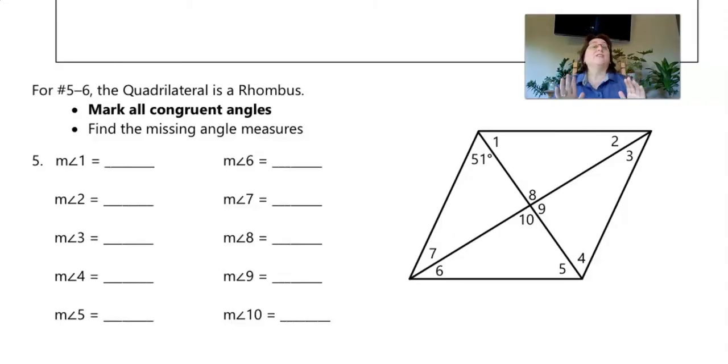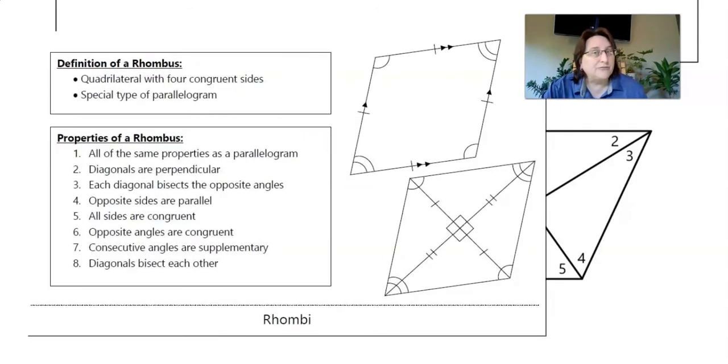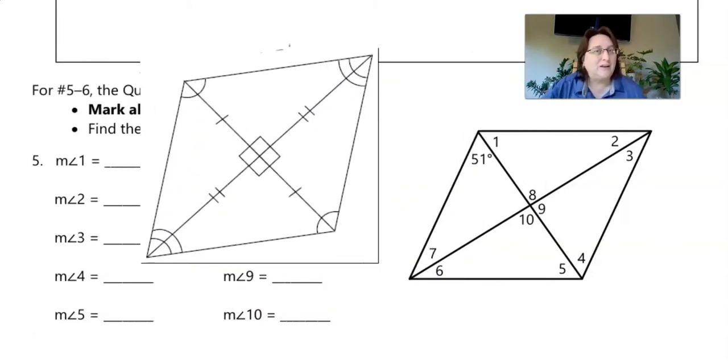Okay, so down here at number 5, notice it says here that the quadrilateral is a rhombus. So that means that I know that it has 4 congruent sides. But this is saying to mark all the congruent angles. Well, guys, let's look at our flip chart. Okay, and our flip chart tells us a little bit something more about what the diagonals do to those opposite angles.